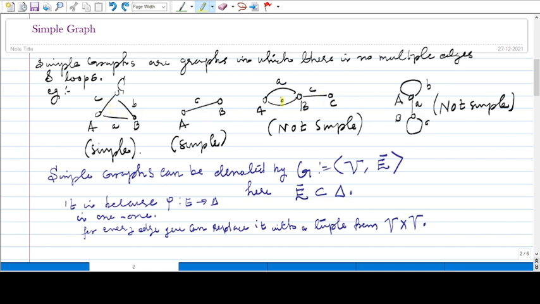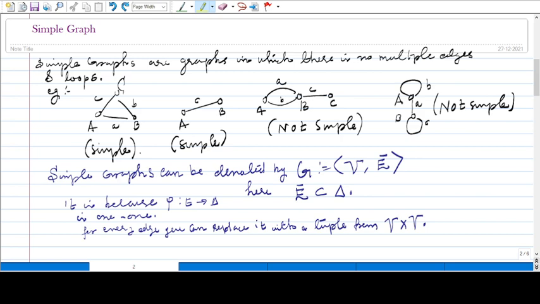Here also one edge. But if you look at this pair in this graph, they have two edges, so this is not simple. In this case, what is the problem? It contains a loop. So a graph is not simple if it contains either a loop or multiple edges. Simple graphs avoid multiple edges and loops.